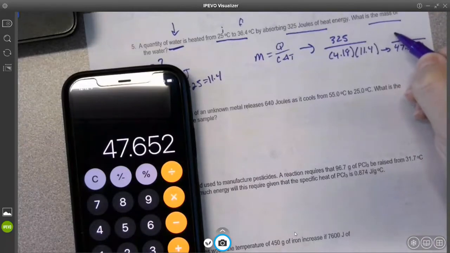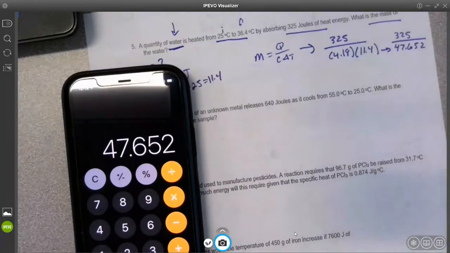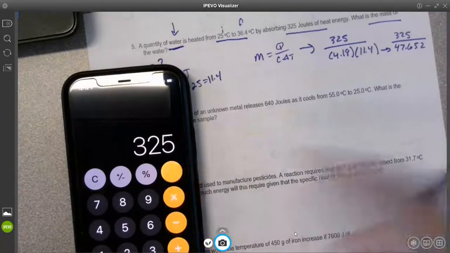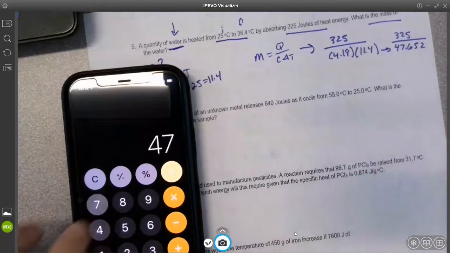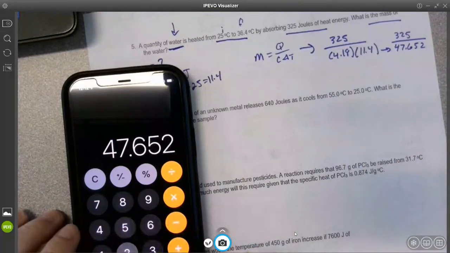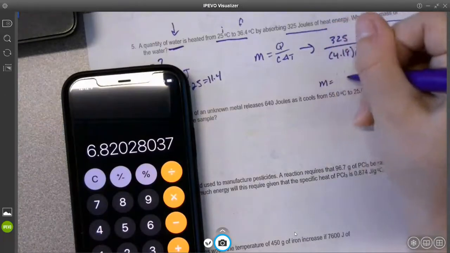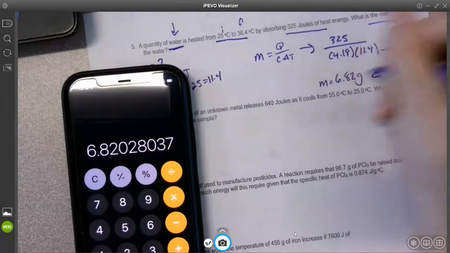Then my division comes next: 325 divided by 47.652. So my mass will be equal to 6.82 grams.